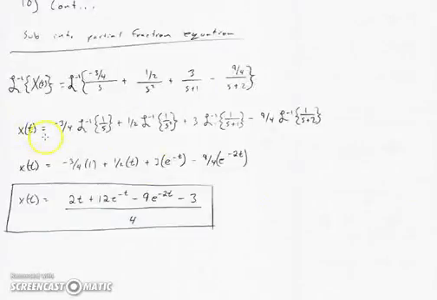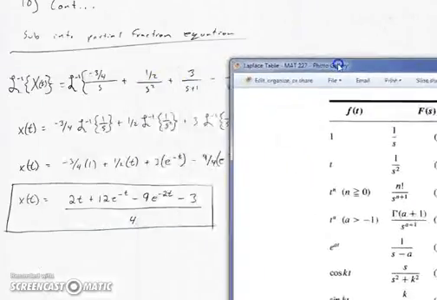And we get x of t equals negative 3/4 the inverse Laplace transformation of 1 over s plus 1/2 the inverse Laplace transformation of 1 over s squared plus 3 times the inverse Laplace transformation of 1 over s plus 1 minus 9/4 times the inverse Laplace transformation of 1 over s plus 2.